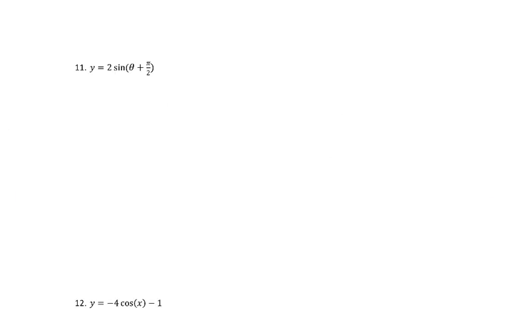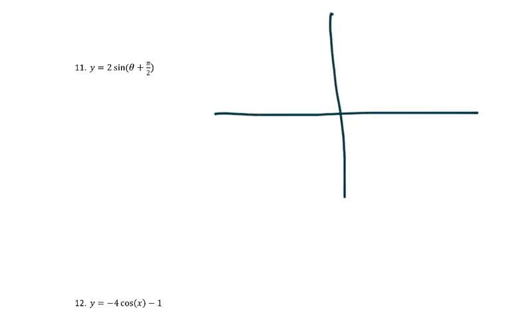All right, so let's look at 11. So our period is 2 pi, because I'm not multiplying our theta inside by anything, which means our increments are going to be pi over 2.